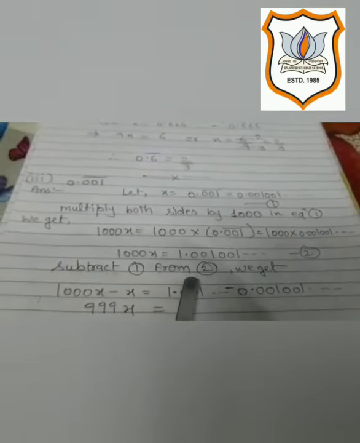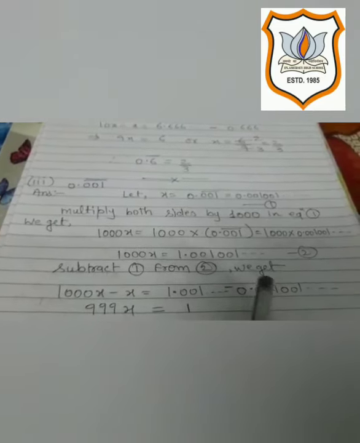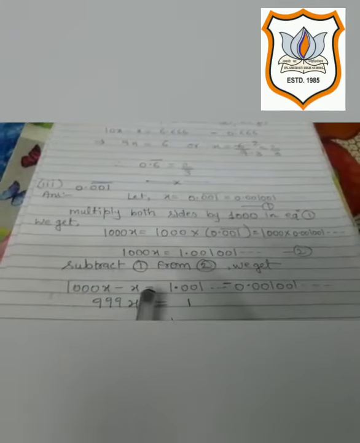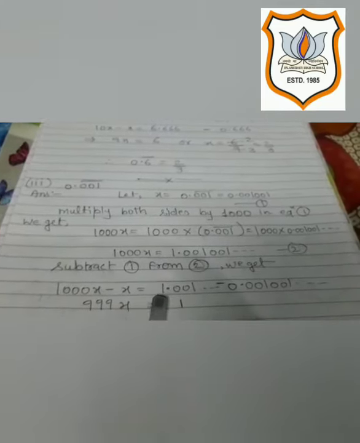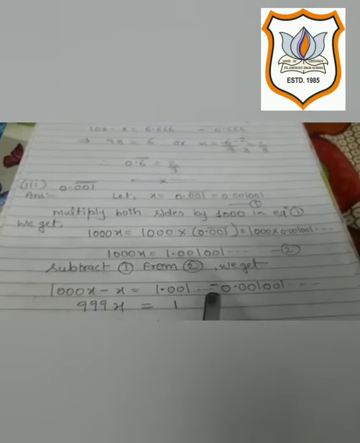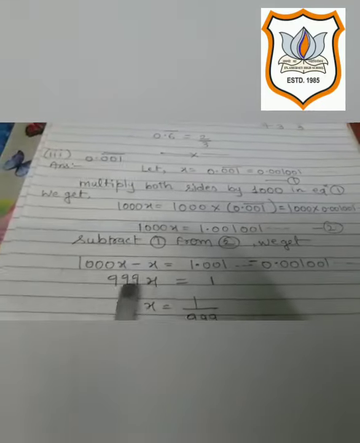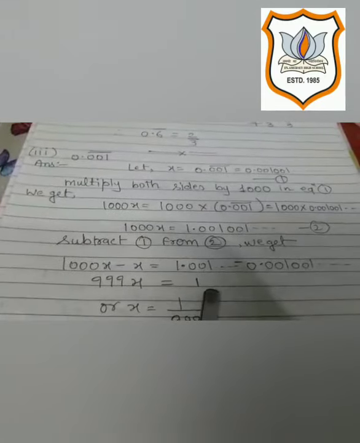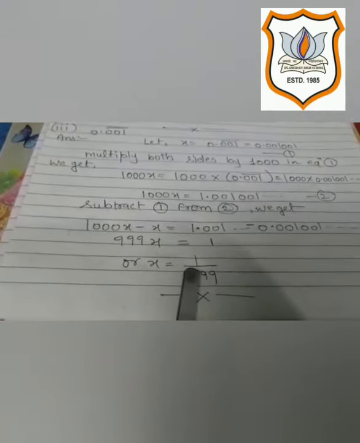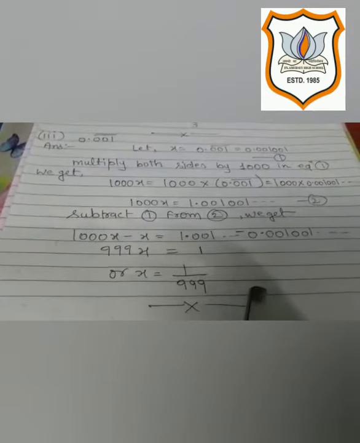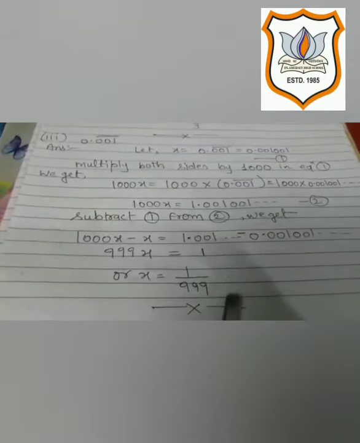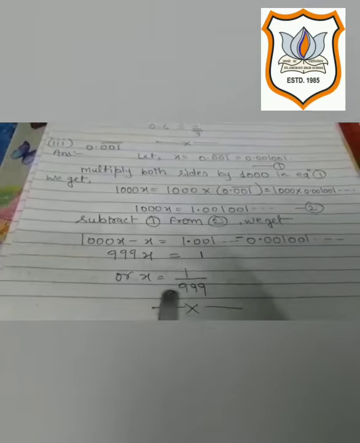Again the same process, subtract equation number 1 from equation number 2. We will get 1000x minus x is equal to 1.001001 dash minus 0.001001 dash. And hence the final answer is 999x is equal to 1, or x is equal to 1 upon 999. This is our P upon Q format for this question.